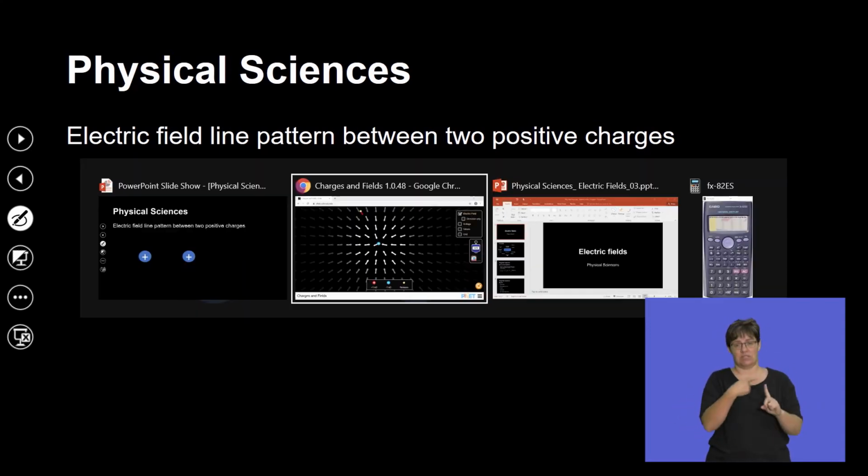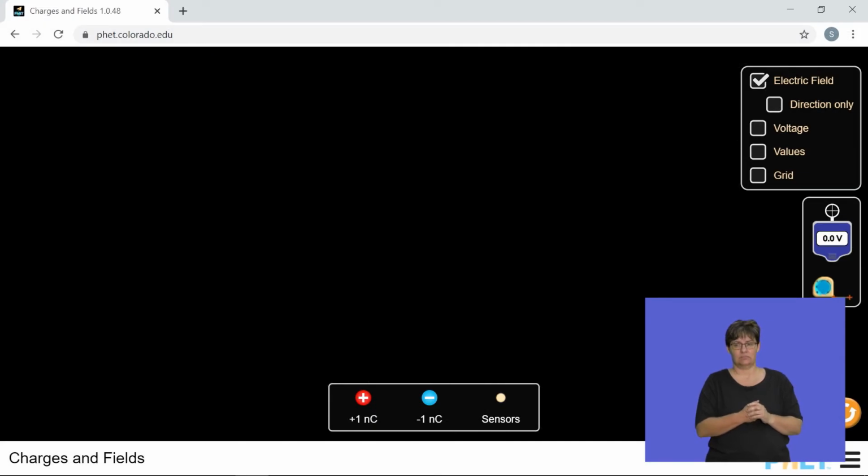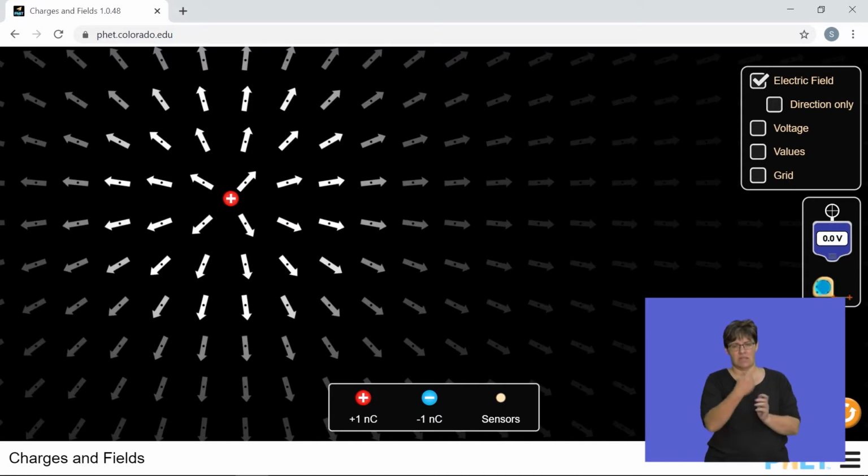So if we use two point charges, we've got one point charge, and there's an electric field around that point charge, which is a region in space in which an electrostatic force will act on another charge. Now, there's just one charge. What if we place another positive charge at some distance?